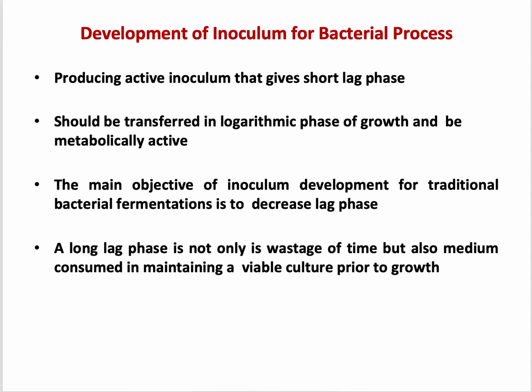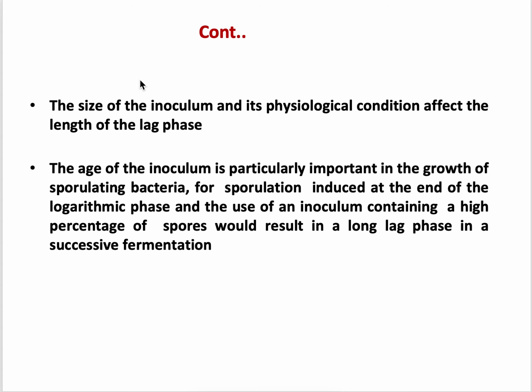So not only the bacterial growth phase, whether they are in lag phase or log phase, but also the size and the physiological condition of the inocula can affect the length of the lag phase in the final fermenter, especially when we use sporulating bacteria. The age of the inoculum is very important.